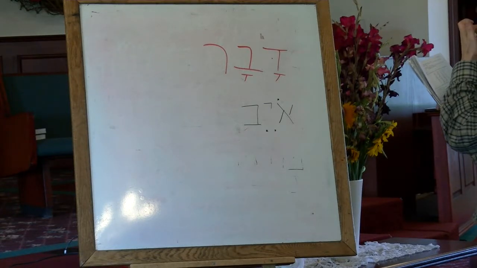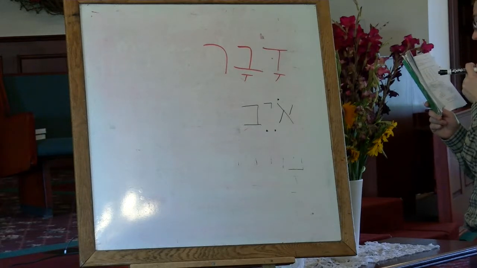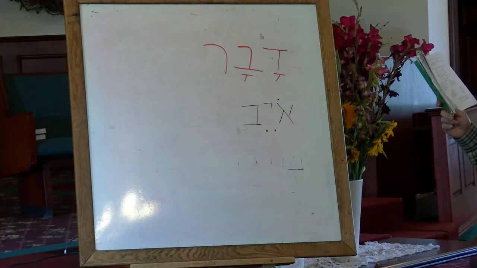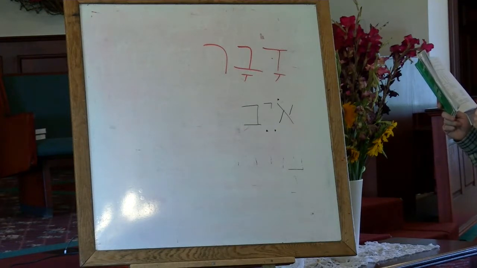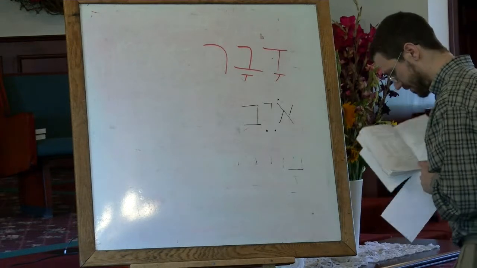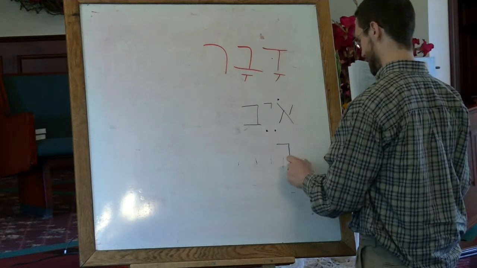Does ish change? No. Hey, that's nice too. How about gibor? Does gibor change? This is a pretty easy homework. How about gamal? Gamal does change. Camel. So write gamal up. You can put gamal, so at least you get to write something that changes.